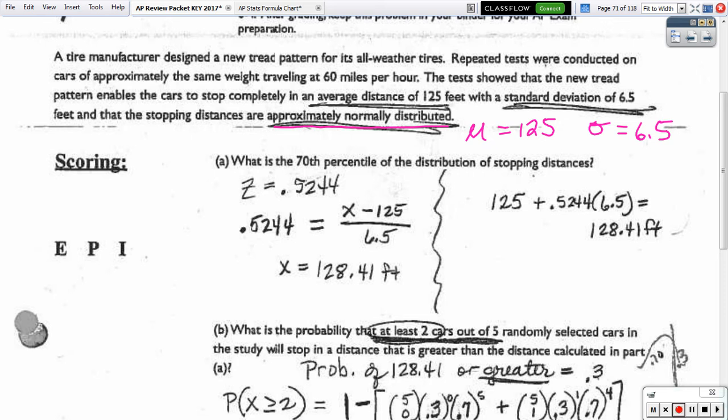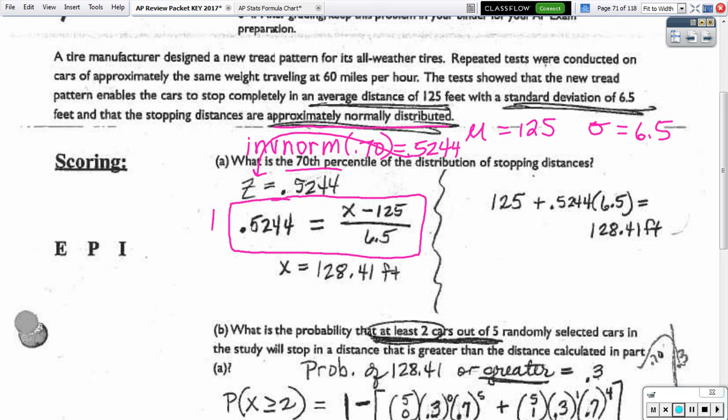Okay, so I know that I had to do inverse norm of the area below, which gives the z at that spot. So in order to get that z-score, I did inverse norm of my 0.70, and I got 0.5244. So I used this in my z-score formula.